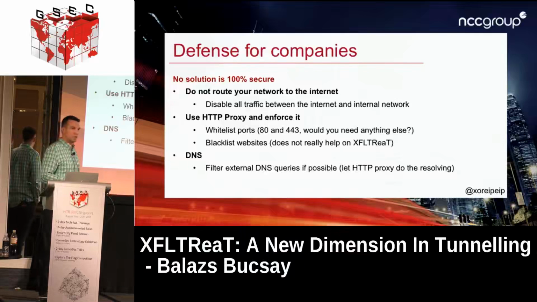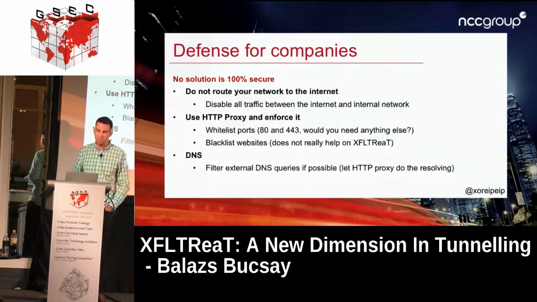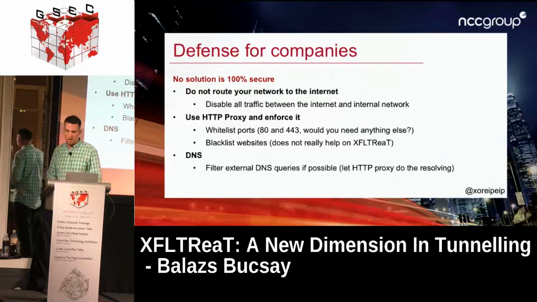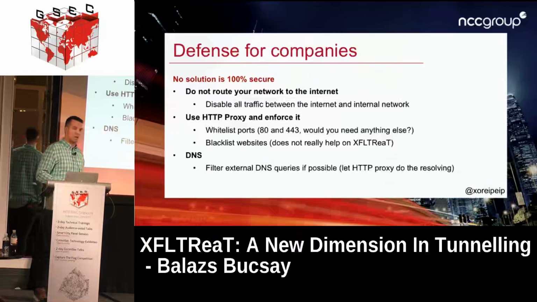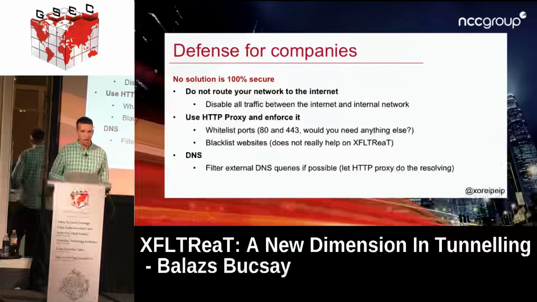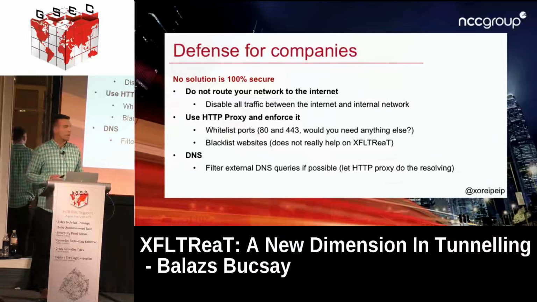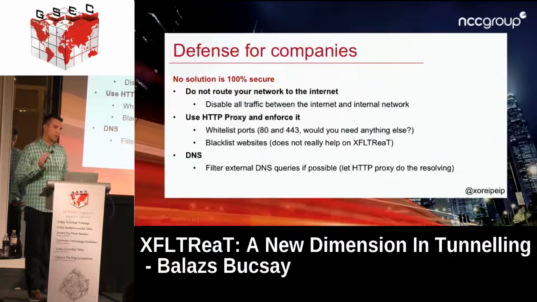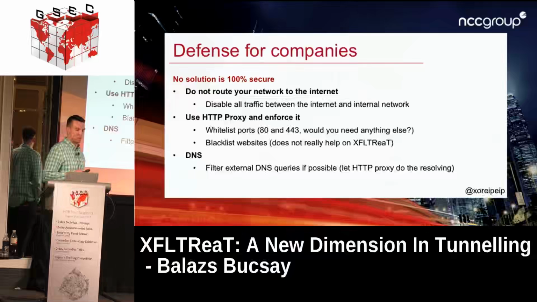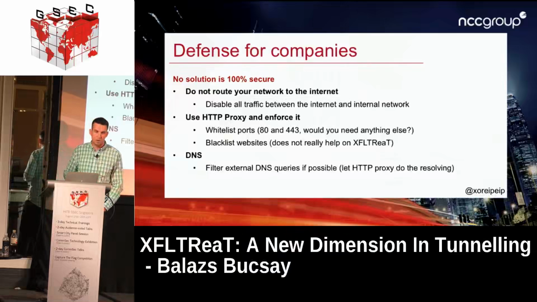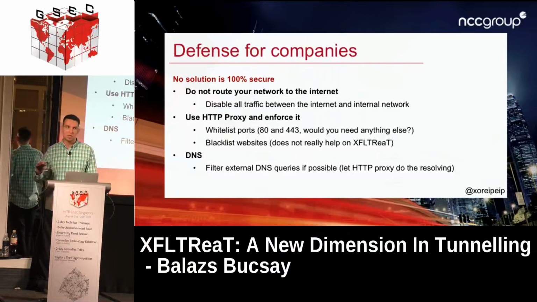Unfortunately, there is no 100% solution, nothing 100% secure in this world. I can give you some mitigation about DNS tunneling in your company, but it won't be fully secure. I think what you should do in your company, if you have a network, is try to modify it a bit based on this. If you are planning to build up a new network, then you should follow these recommendations. So first of all, do not route anything to the internet.